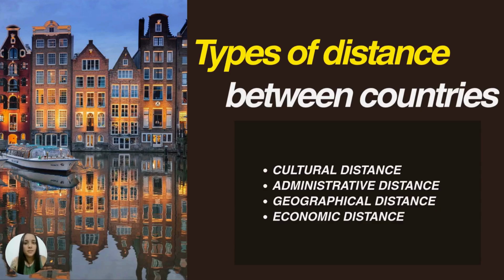Geographic distance, physical differences between countries such as mountains, climate, and distance. Economic distance, differences between consumers and the size of the economy.